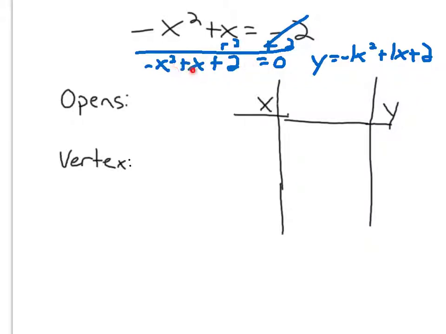So this is the same as this graph. I'm going to fill that in right here: y equals negative 1x squared plus 1x plus 2.